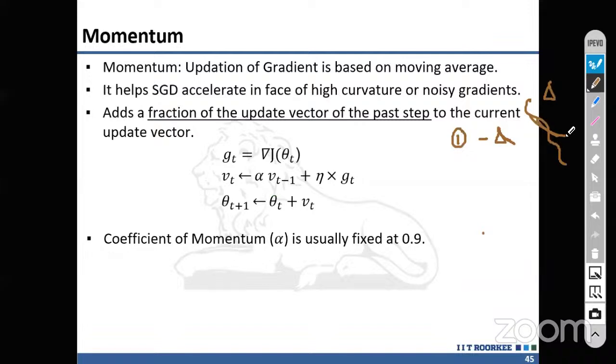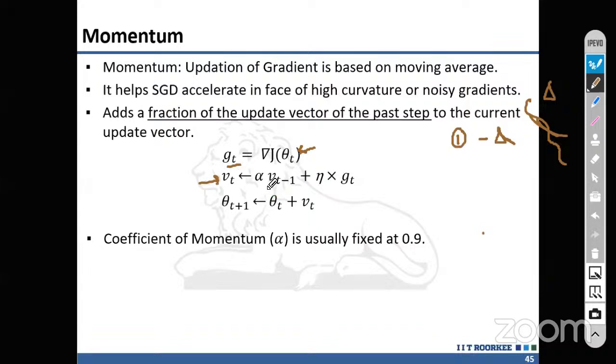We store that, and every time the gradient information is added. So this is the gradient information, and Vt is the momentum, the total momentum.